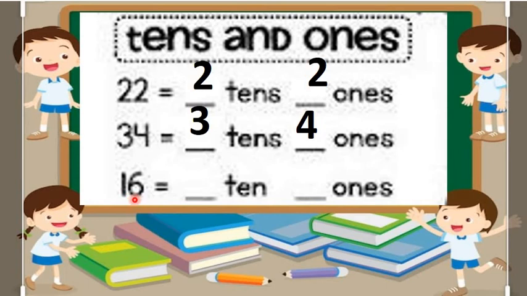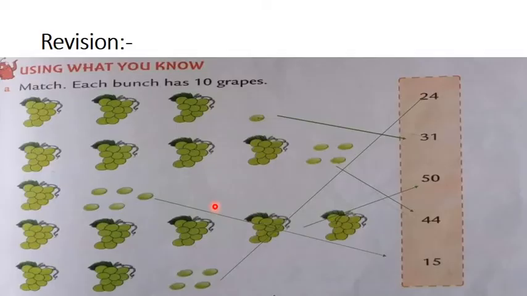If we want to make this separate in the form of tens and ones, first of all we have to write number 1 on the place of tens and number 6 on the place of ones. 16 is equal to 1 ten and 6 ones. I hope you all understand.